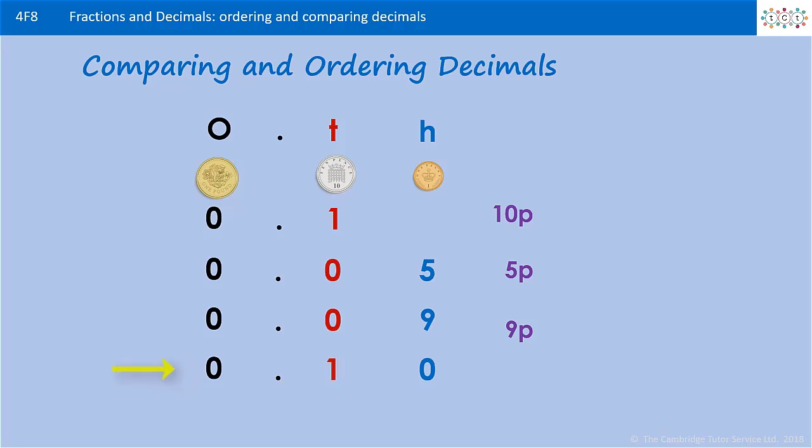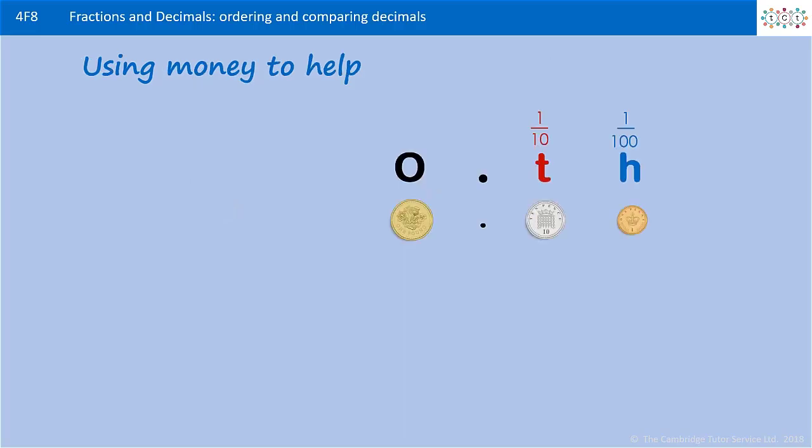This last one is actually the same as the first one. It wouldn't matter how many more zeros I added to that 0.10, it would still just be 1/10, and that would be 10p. If we make some decimal numbers using coins, that's often quite helpful as well.